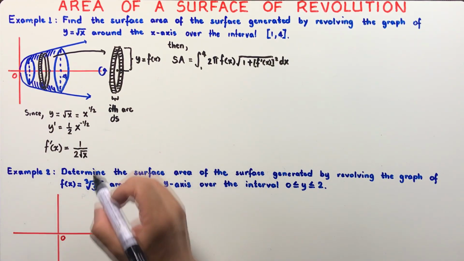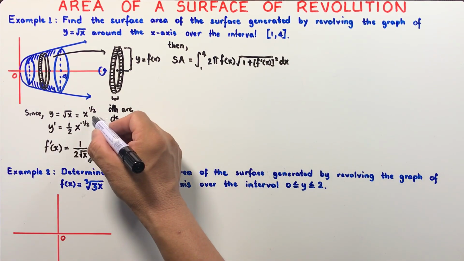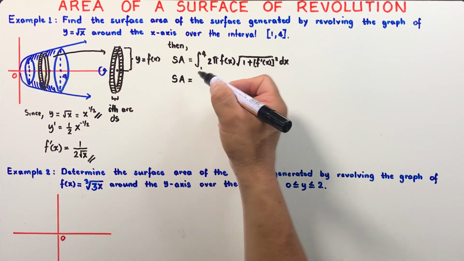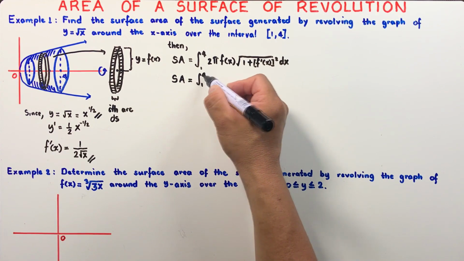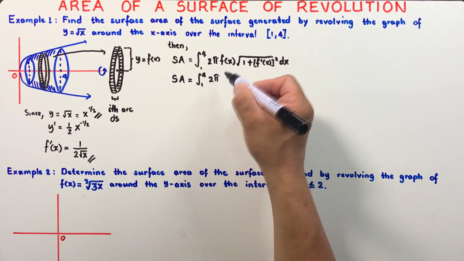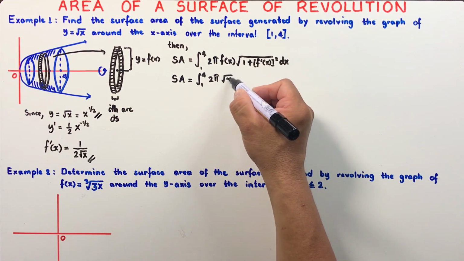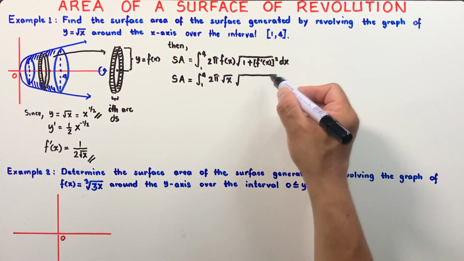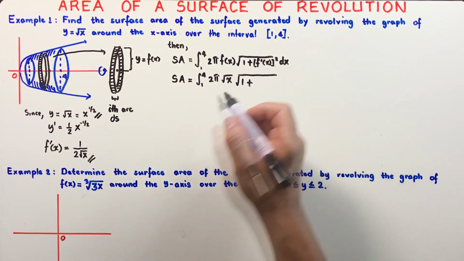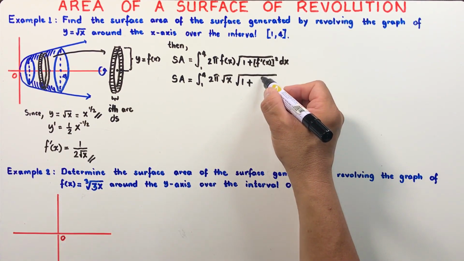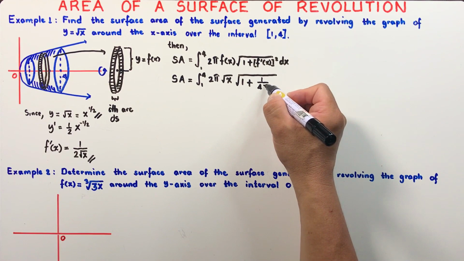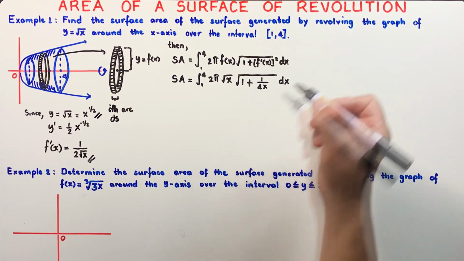Substituting this derivative and this function, the total surface area is obtained when we integrate 2 pi times our f of x, which is the square root of x. And then this will be multiplied by the square root of 1 plus the square of its derivative. So when we square 1/2 over square root of x, this is 1 over 4x, dx here.